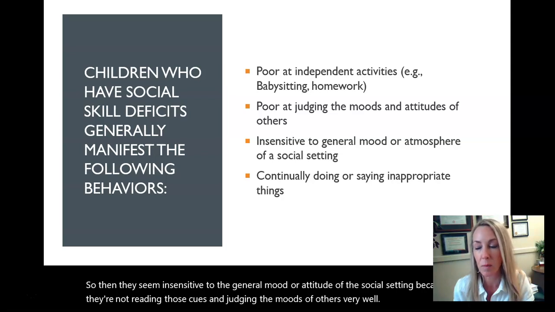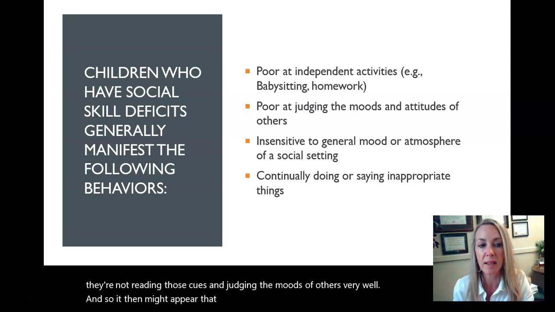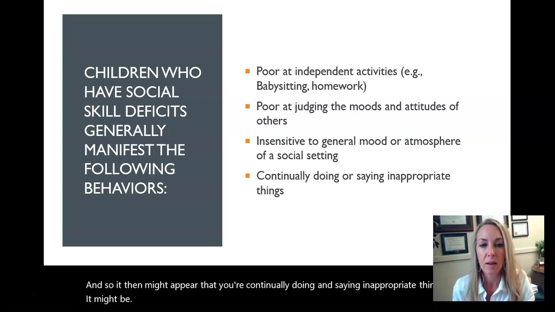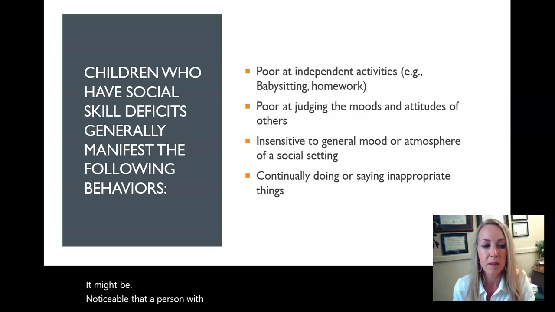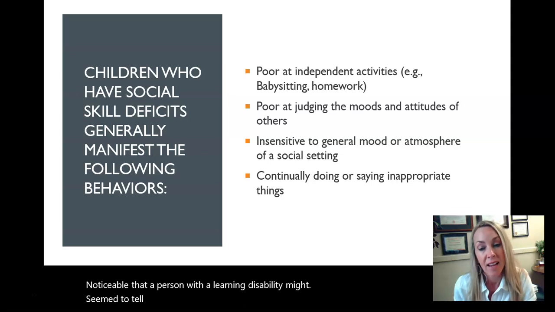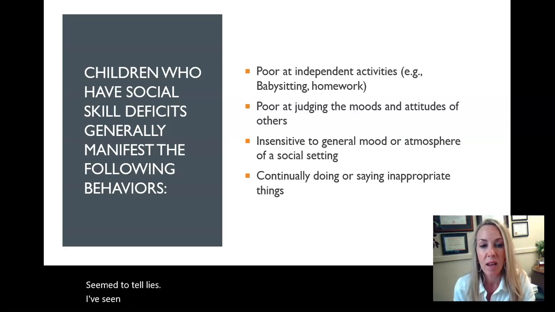And so it then might appear they are continually doing and saying inappropriate things. It might be noticeable that a person with a learning disability might seem to tell lies. I've seen this as a teacher.